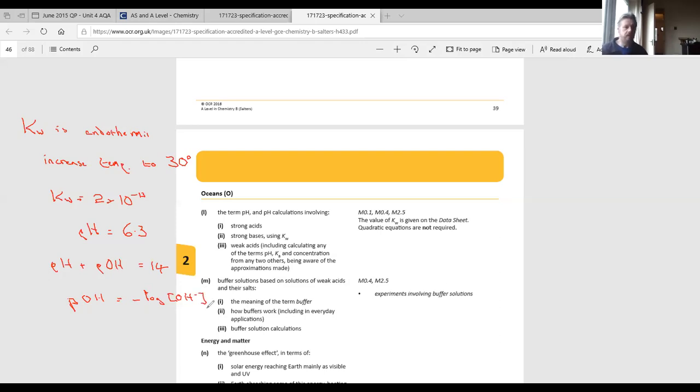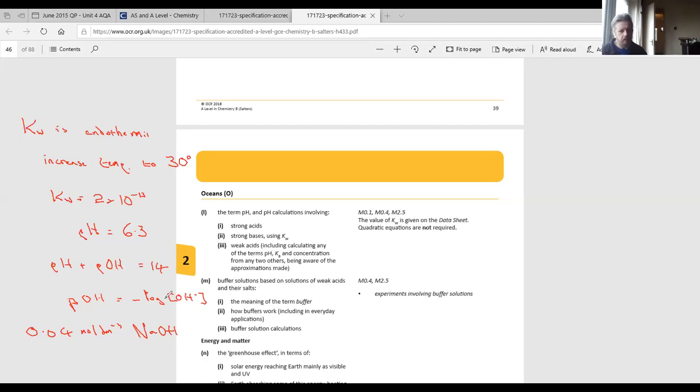If you've got 0.04 moles per decimeter cubed of sodium hydroxide, you could use that method instead. You just put minus log 0.04, so you could find pOH and then take that away from 14. You should get the same answer.